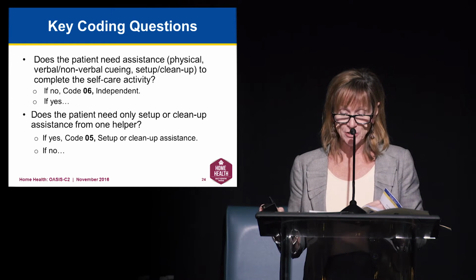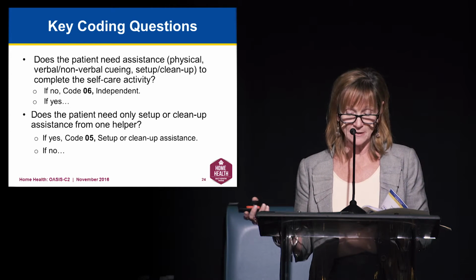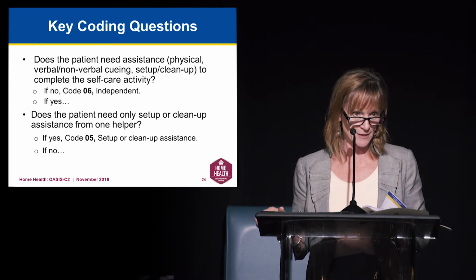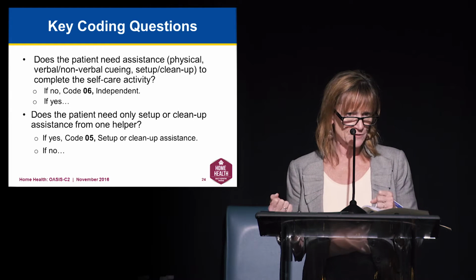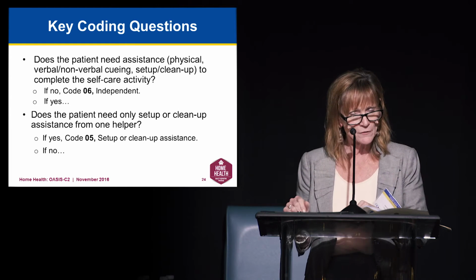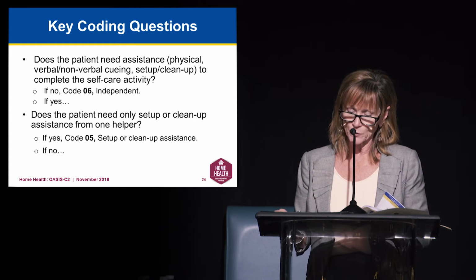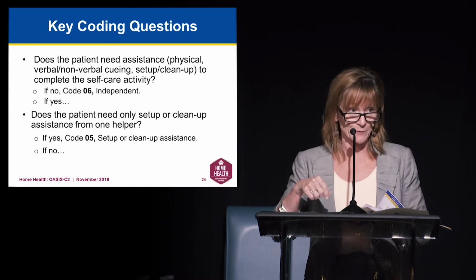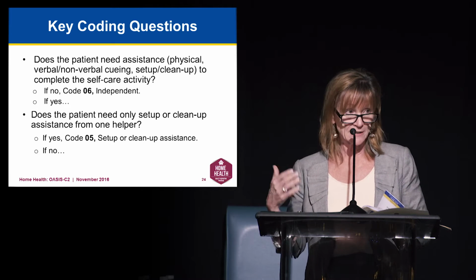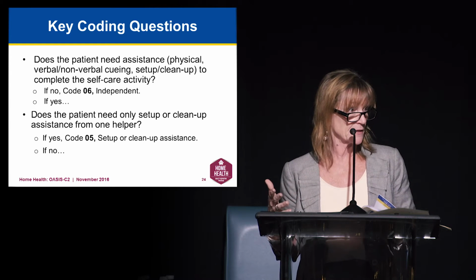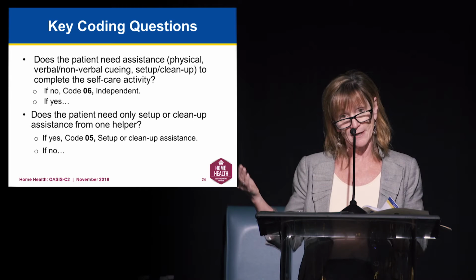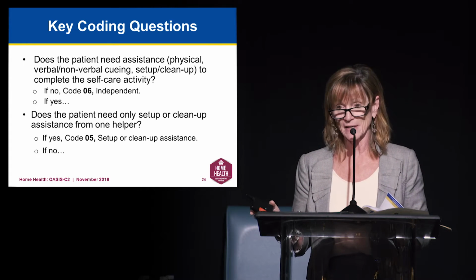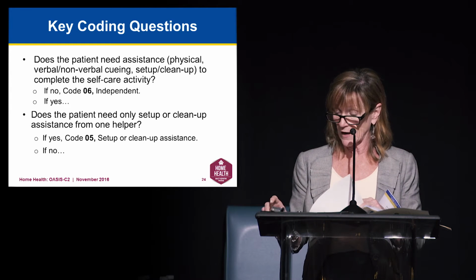If the clinician asks themselves, does the patient need just a setup or cleanup? Did they need that stool, or do they need some type of assistive device to help them move from lying to sitting? That would be a 6, that would be independent. But if the patient needed setup, they need cleanup, they need the nurse or the caregiver to help put a stool down, as we described earlier, then the answer would be yes, it would be a code 5.